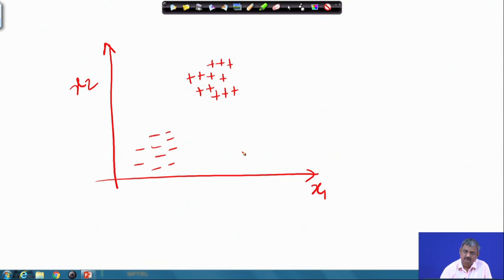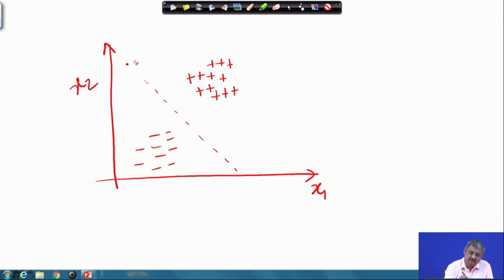I have to choose one. So, which one will you choose? Which one will you choose among these possibilities? Maybe your answer will be the one that passes through the middle. Okay. Why? Let us see. Why do you want to choose that?